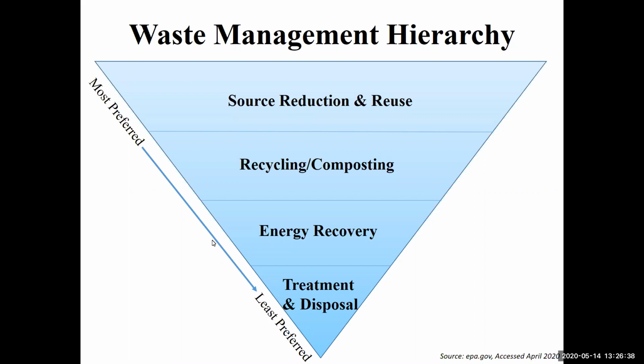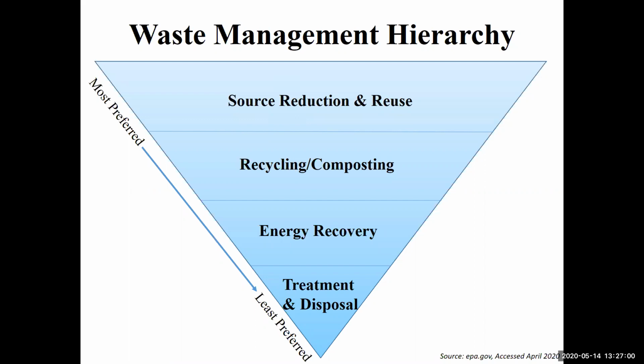So you can see that the most environmentally preferred strategy is source reduction and reuse. So the whole goal of this particular strategy, we want to minimize the amount of material that's actually entering into the waste stream in the first place.